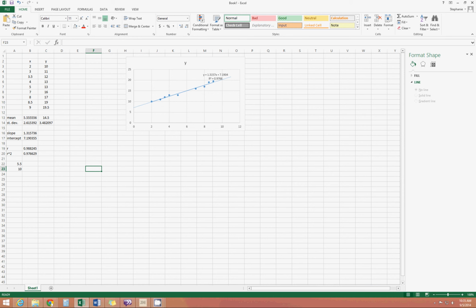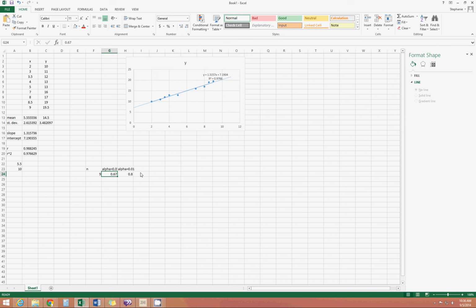So n is 9. And on the table, you'll see a spot where it has n, then alpha equals 0.05 and alpha equals 0.01. For n equals 9, sorry, I have 0.67 and 0.80. So we look at our R value, which is 0.988.